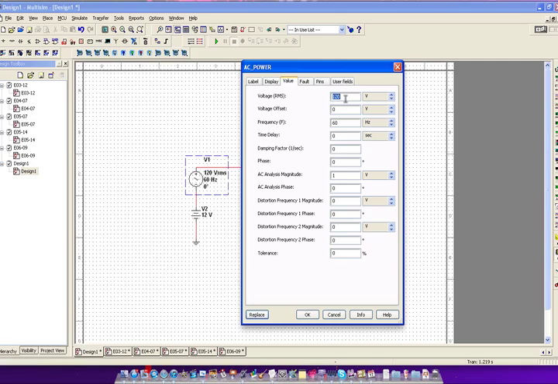The program doesn't convert the voltage from the normal voltage, the VP, to the VRMS. So we have to convert it ourselves. Here we have 10 volt. So 10 times 0.707 is 7.07.